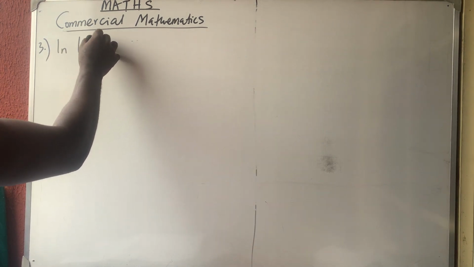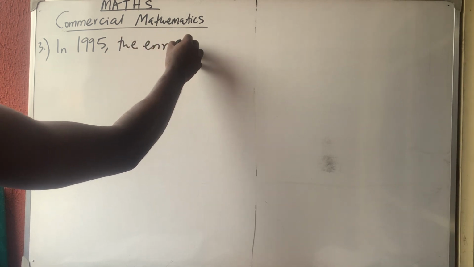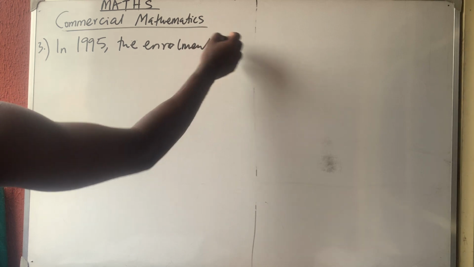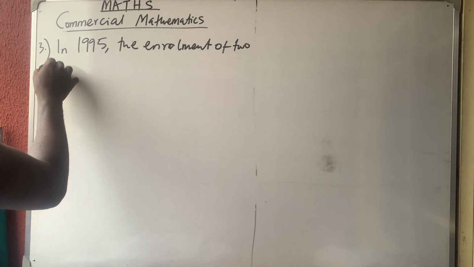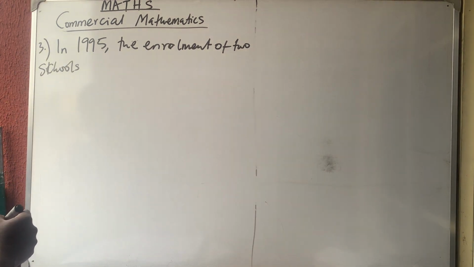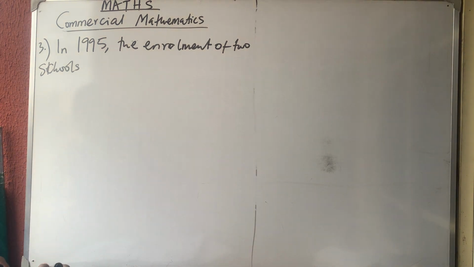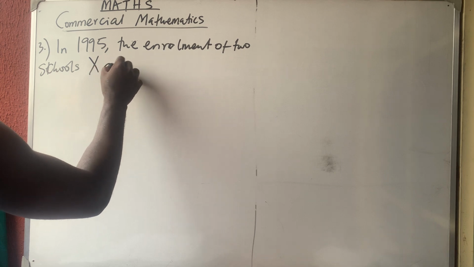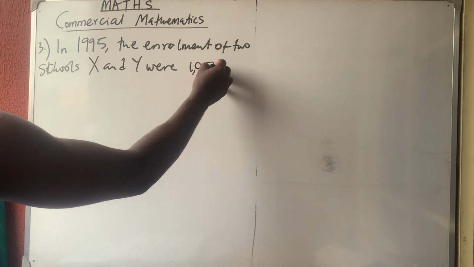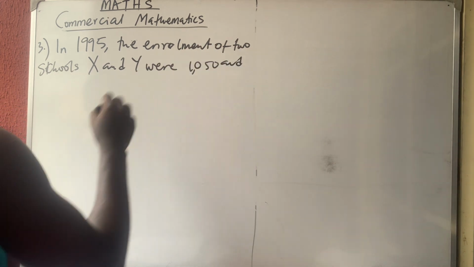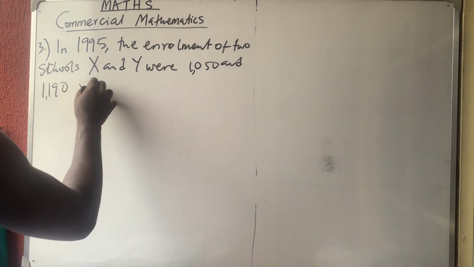In 1995, the enrollment of two schools, X and Y, were 150 and 1190 respectively.